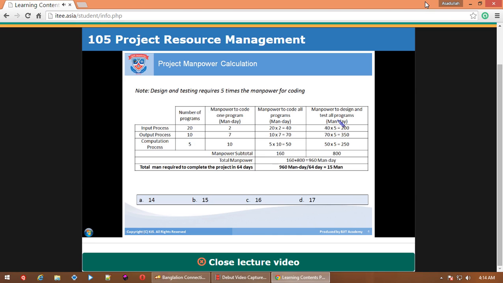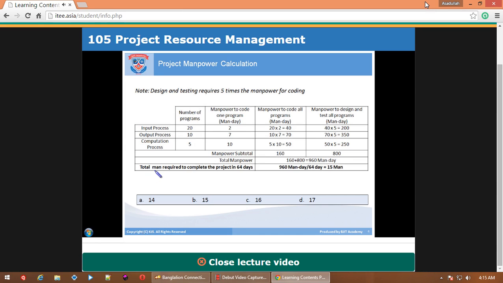Similarly, for design and testing, we need 800 man days by summing these 3 processes' manpower requirements. So total manpower for coding, design and testing is 160 plus 800, that is 960 man days.